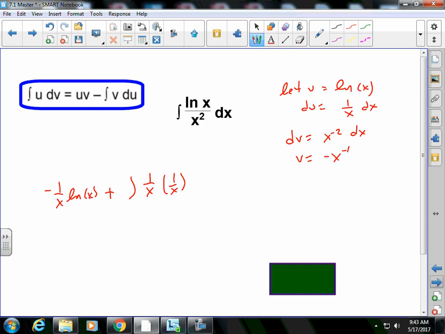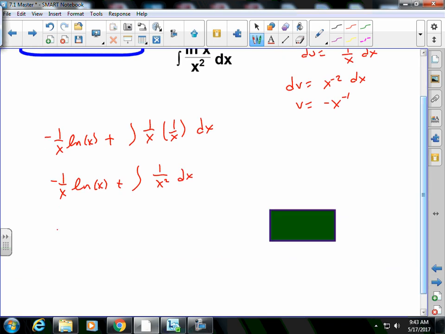Right, v is x to the minus 1, which is 1 over x dx. Cleaning it up, I get this 1 over x squared dx. Well, the good thing is I know how to take the integral of 1 over x squared. And that becomes minus 1 over x. And I don't want to forget my c.